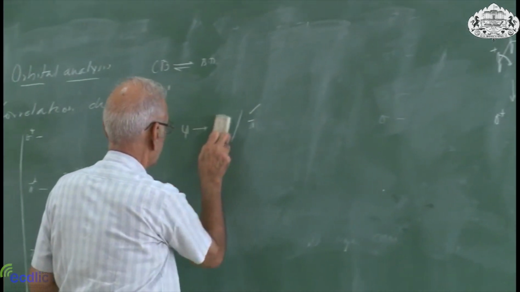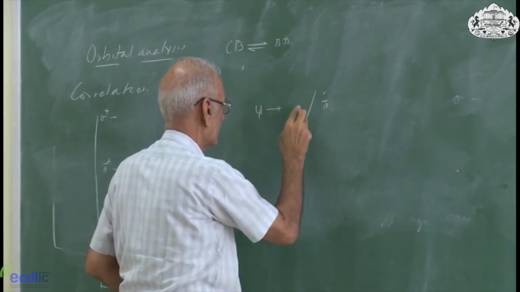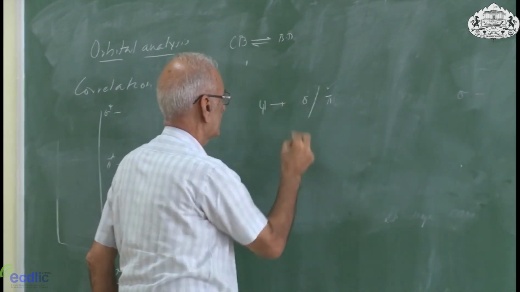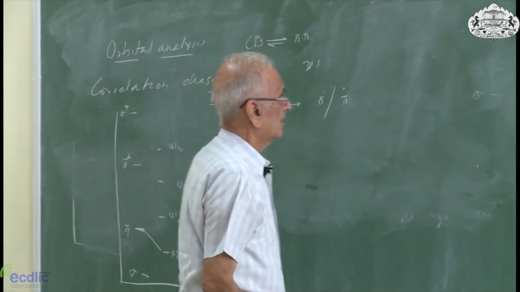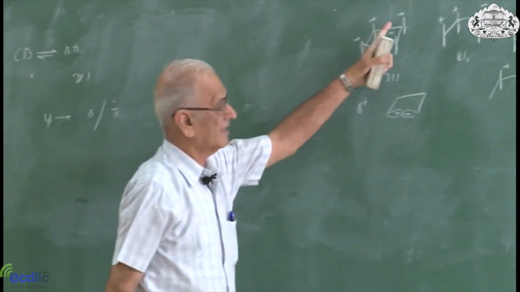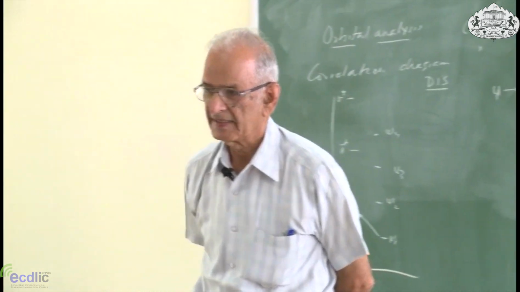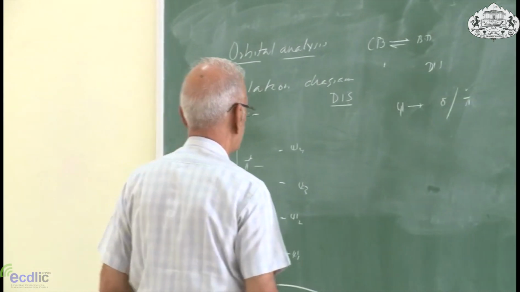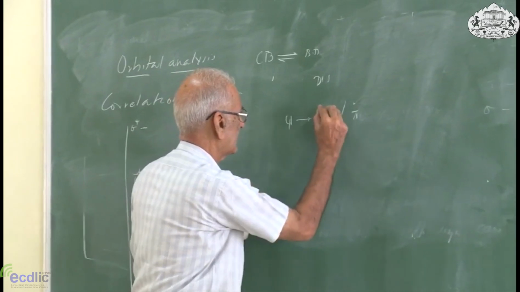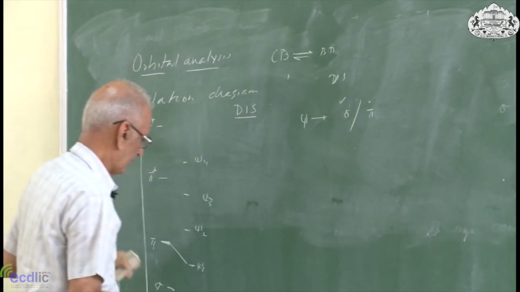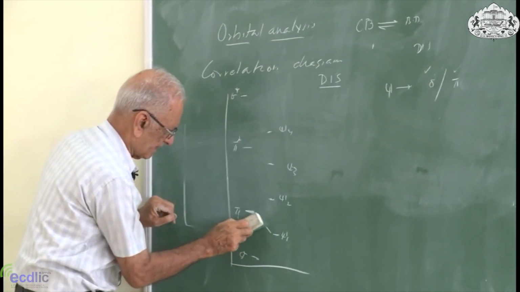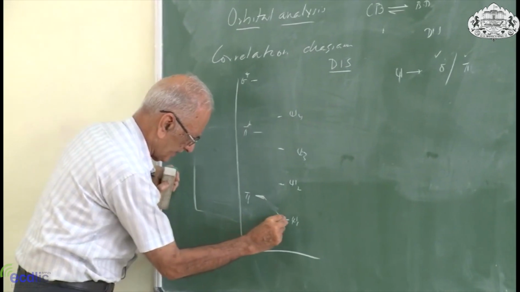So, I can correlate with sigma. When I look at the middle orbitals, I can correlate with pi. So, I can correlate either with sigma or pi. Sigma is the lowest. Therefore, I will correlate with sigma.